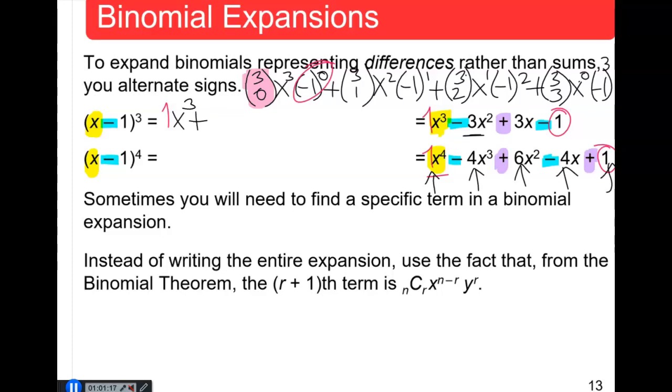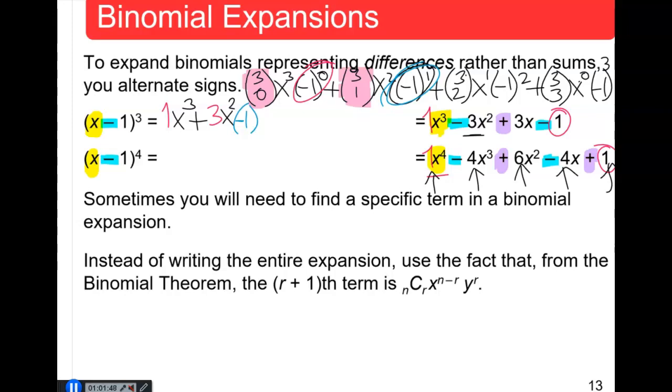The next term, the binomial coefficient, comes from here, and that will be 3. And then we will have x squared, and then negative 1 to the power 1, that will be equal to negative 1, actually, negative.